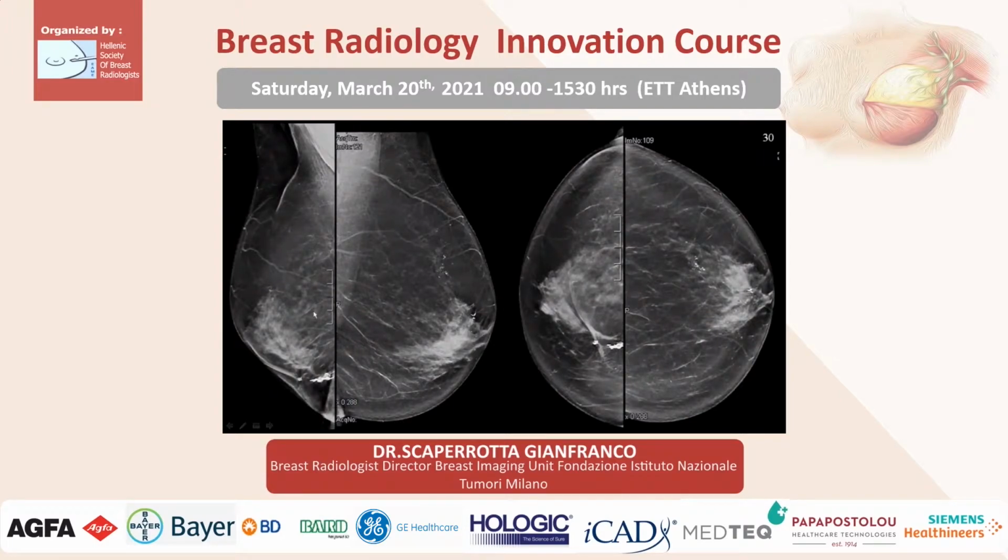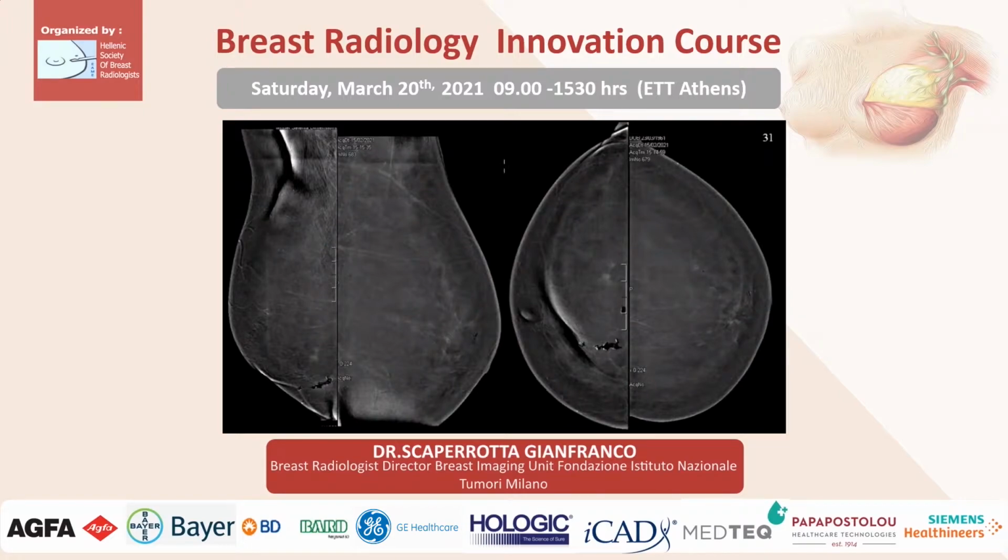We don't see a particular problem in the other side, after the quadrantectomy is a patient in follow-up. This is BI-RADS 4C, it's important to see this situation. There is enhancement in the breast near the calcification.